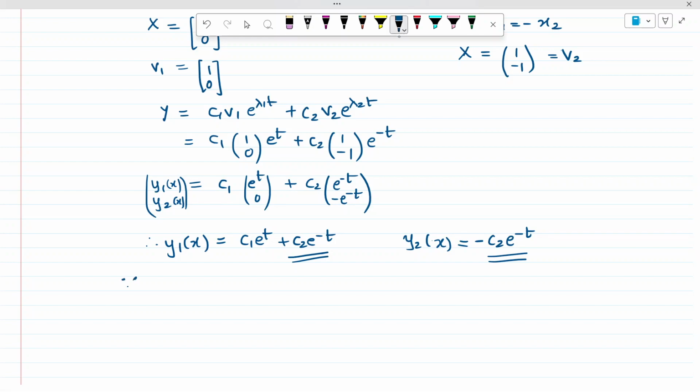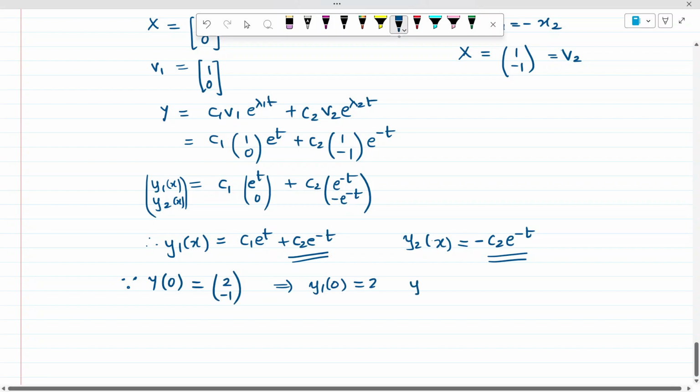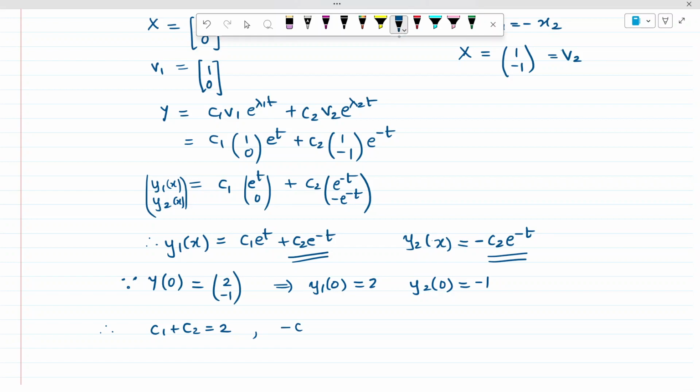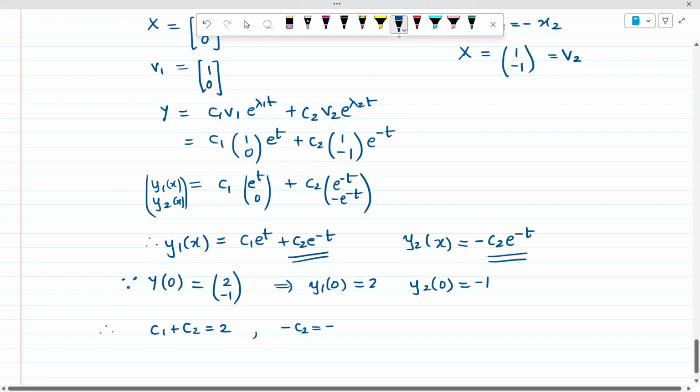So since y of 0 is (2, -1), this implies y1 at 0 is 2 and y2 at 0 is minus 1. So y1 at 0 is going to be c1 plus c2 is 2, and y2 at 0 will give me negative c2 is negative 1, which implies c2 is positive 1, and that implies c1 is plus 1.